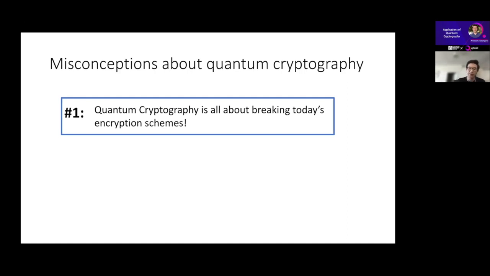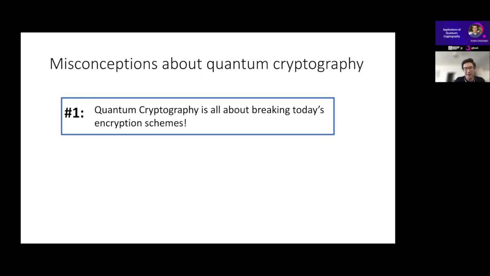And so while Shor's algorithm is certainly relevant to quantum cryptography, my message is this is not what cryptography is about. Cryptography's overarching goal is to construct secure cryptographic schemes, not to break them, right? So this is the first misconception.